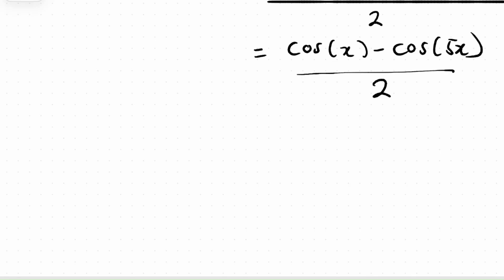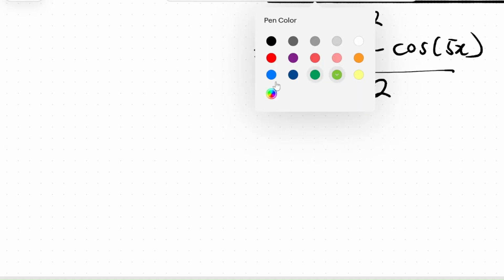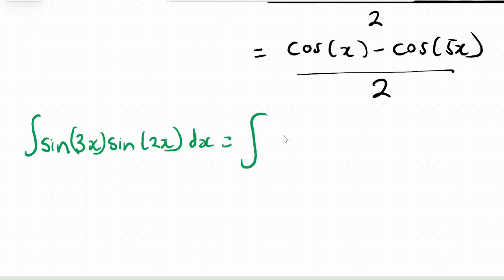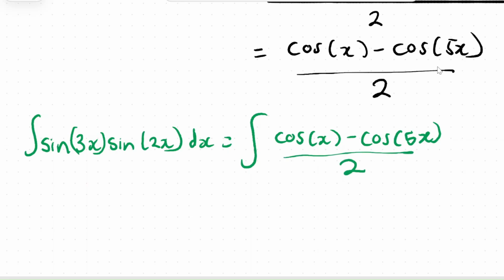And since we know that, then we can rewrite the integral to say the integral of sine 3 of x multiplied by sine 2 of x is also the same as saying the integral of cos of x minus cos 5 of x divided by 2.